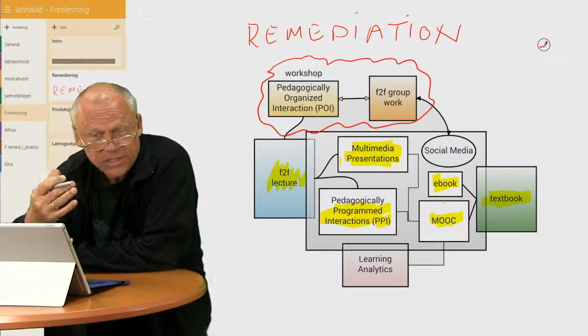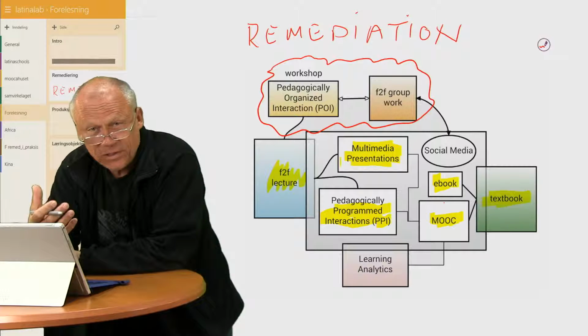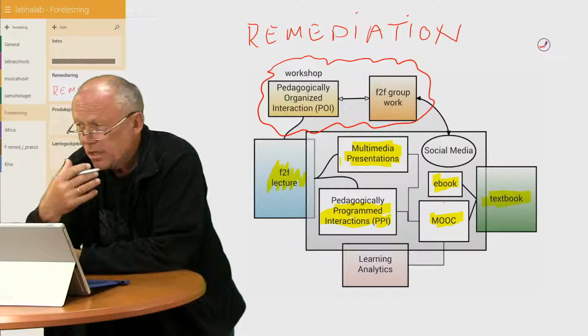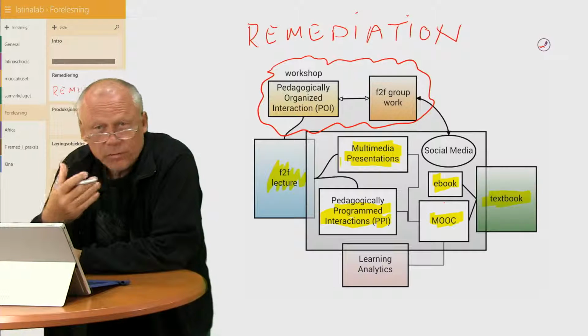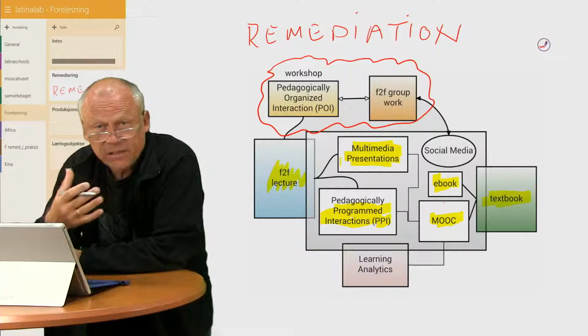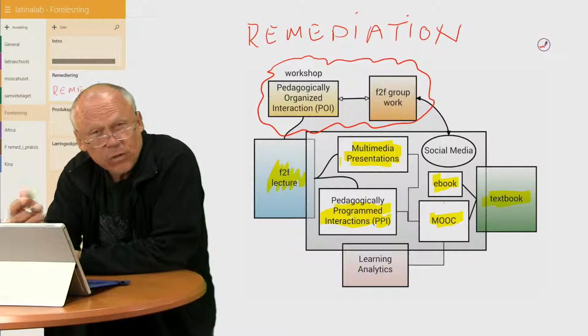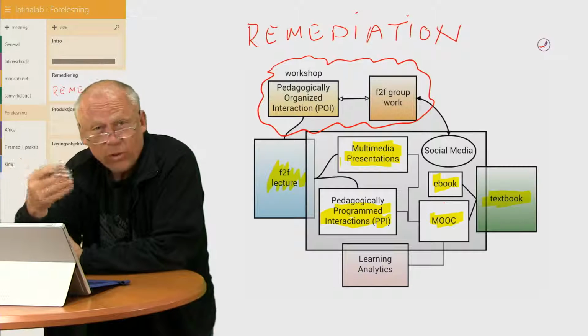They can do various things: they can produce additions to the learning materials, go on excursions, have debates, develop their presentation skills, do comparative studies, engage in research and development, and so on and so forth. So we call that pedagogically organized interaction, POI.